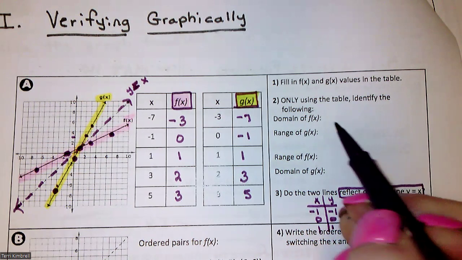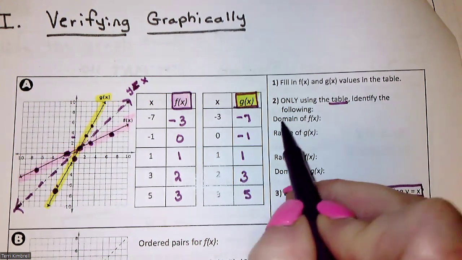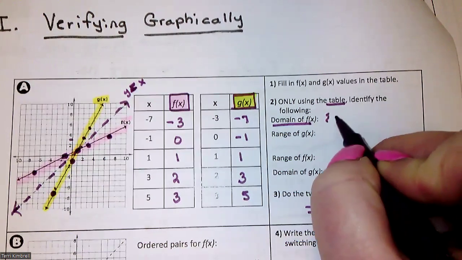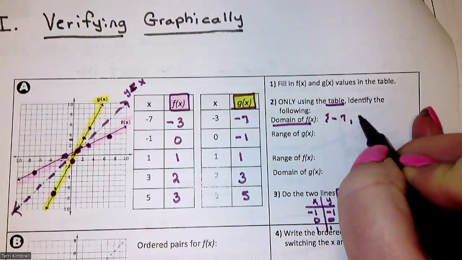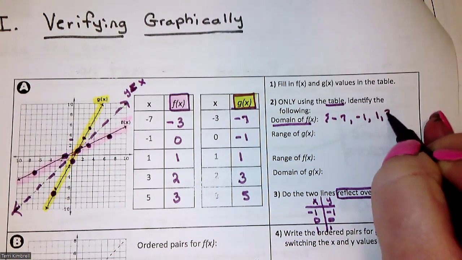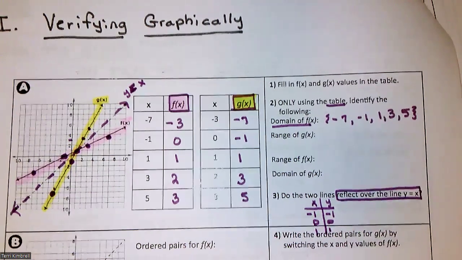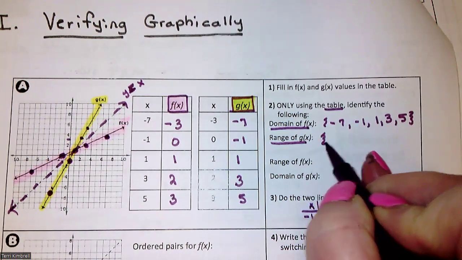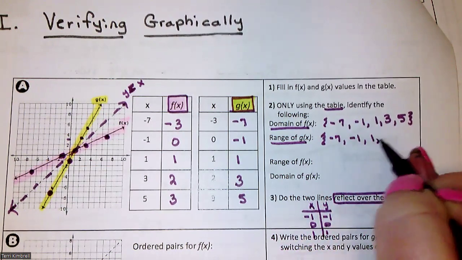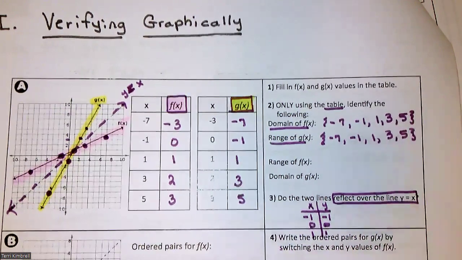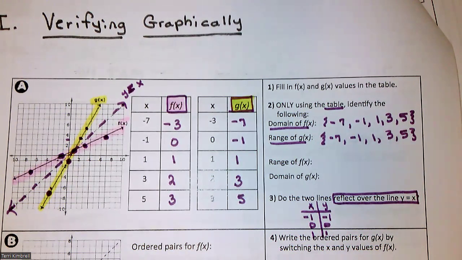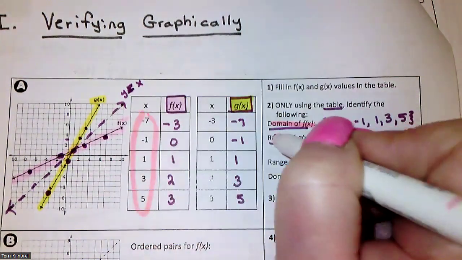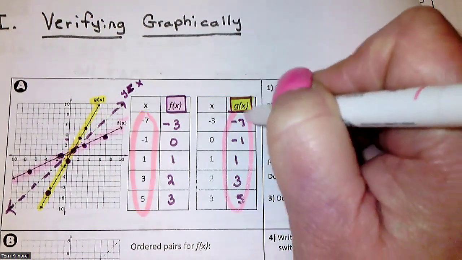You're also going to notice that in your table, if you were to look at your domain of f of x, which is -7, -1, 1, 3, and 5, that is going to be the range in g. So those numbers should flip-flop. So your domain in f, right here, should be the range in g.